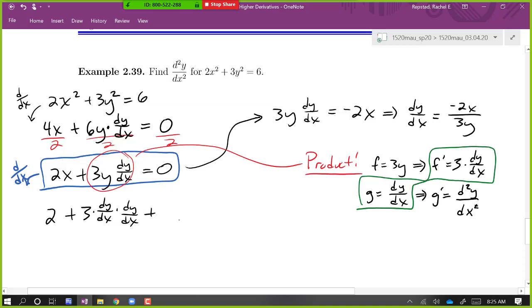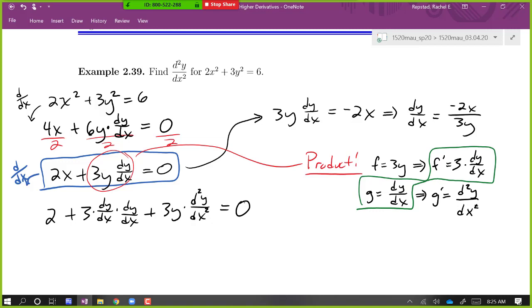And then plus f g prime, that's 3y times the second derivative. And this is equal to 0. So let's just see where we're at right now. We have an equation that has the second derivative of y in it, and that's a good sign for us, right? We want to find d squared y dx squared, so we have an equation where that shows up.